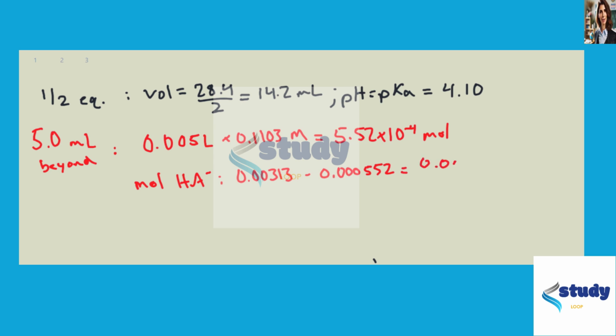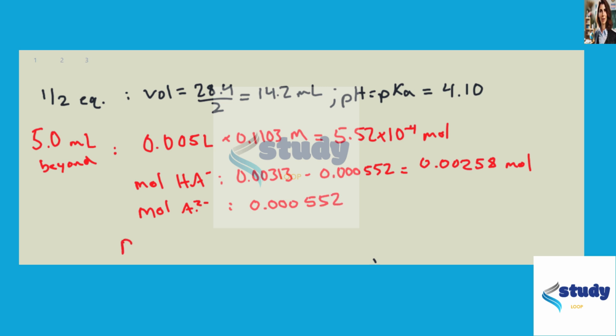And we get 0.00258 moles. And then the moles of A2 minus will simply equal the moles of excess sodium hydroxide.